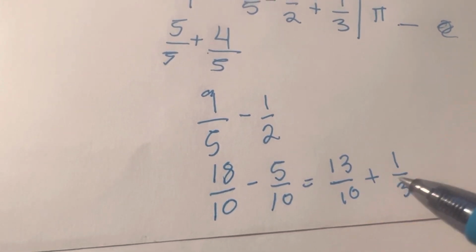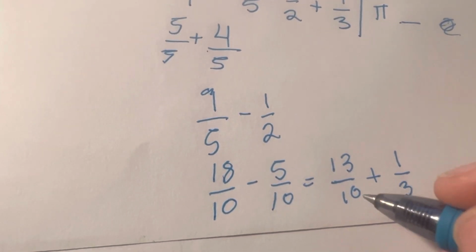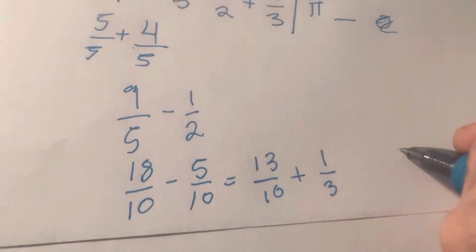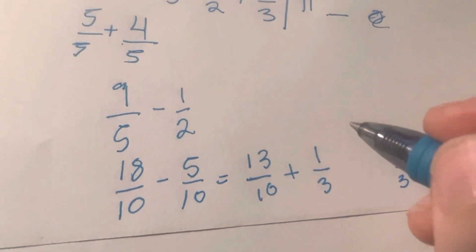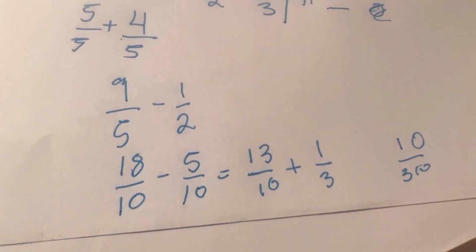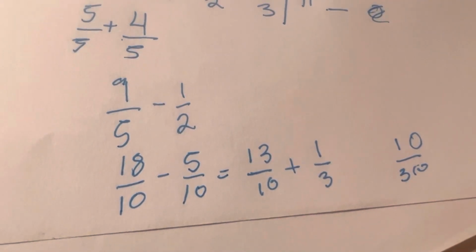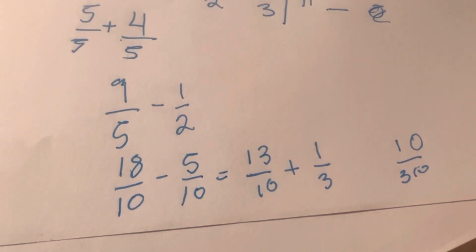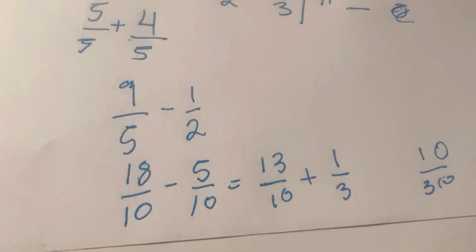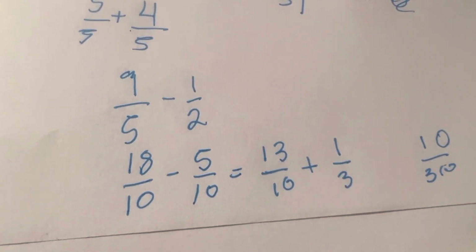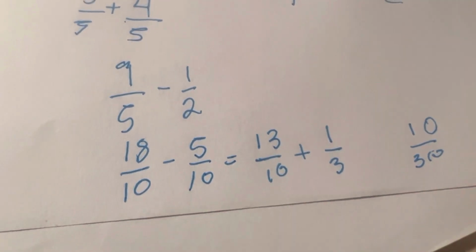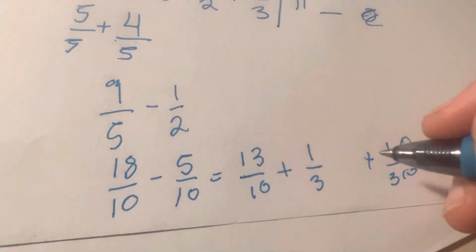Using a common denominator of 30, 13 times 3 is 39, and 1 over 3 is 10 over 30.